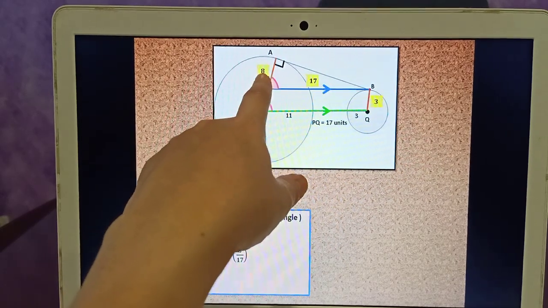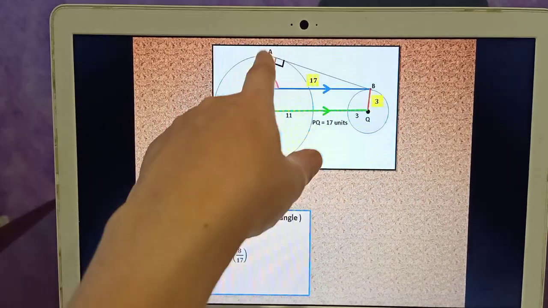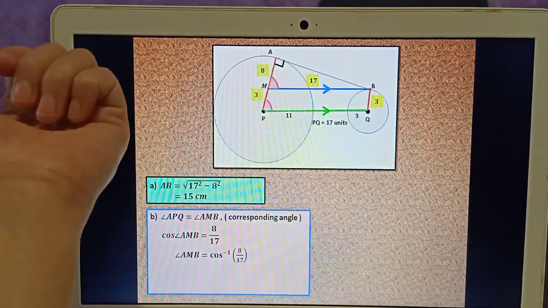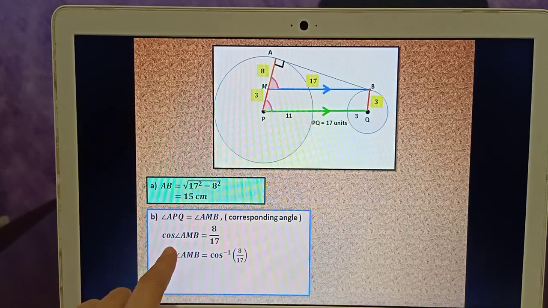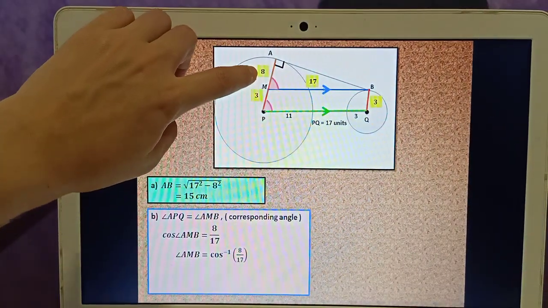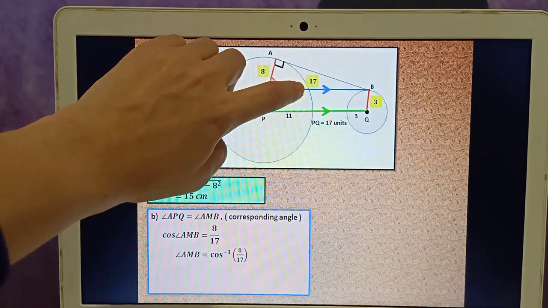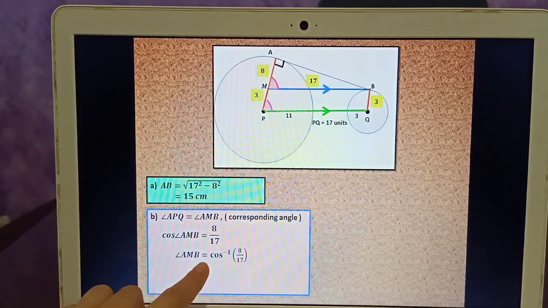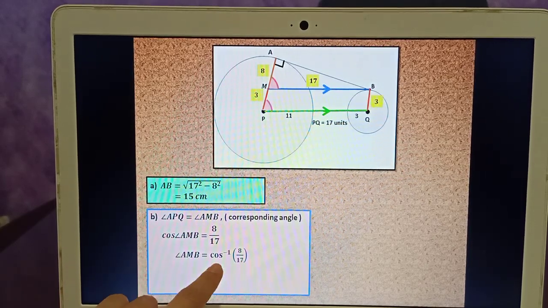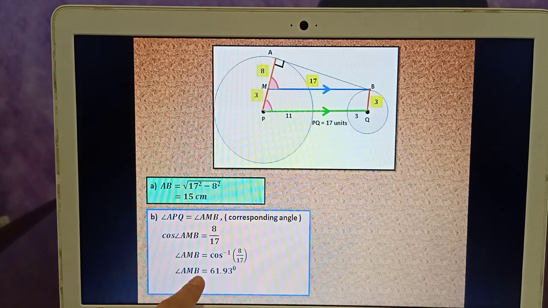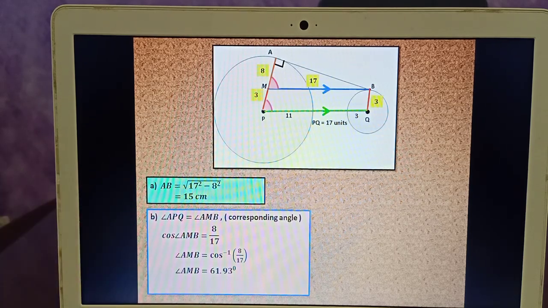So you have A and H, so obviously we need to use CAH. So cos of angle AMB is equal to adjacent 8 over hypotenuse 17. In order to get angle AMB, you need to move your cos to the other side, so it will become inverse cos. And then by using a calculator, you'll get 61.93 degrees.